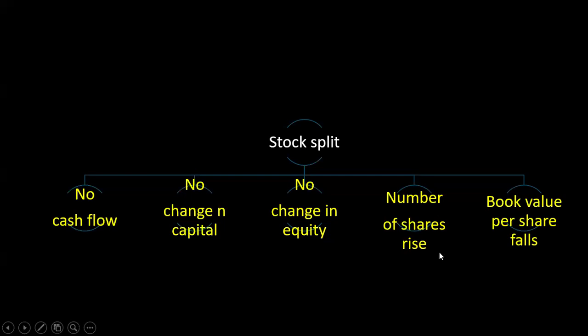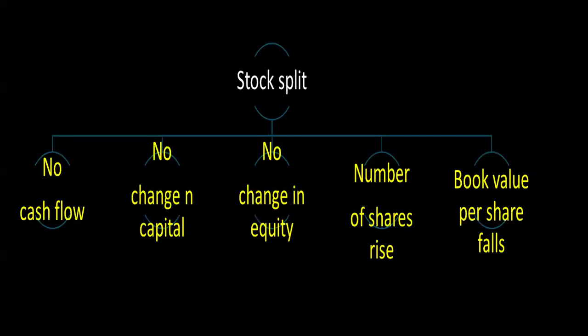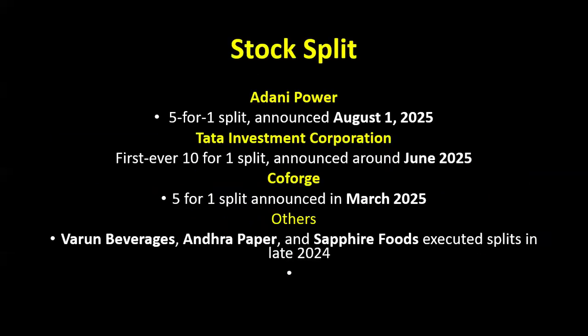When the book value per share falls, there will be an effect in the market also. Invariably, stock split is a process of reducing the face value and increasing the number of shares. And stock split is a very common strategy adopted by several companies.